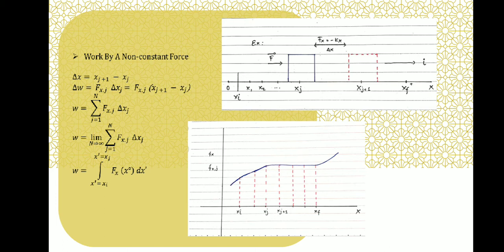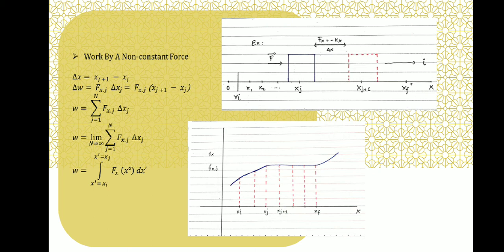So work is an integral of Fx of x prime dx prime, where x prime moves from the start position to the end position. This is now a working definition that generalizes from a constant force to a non-constant force.